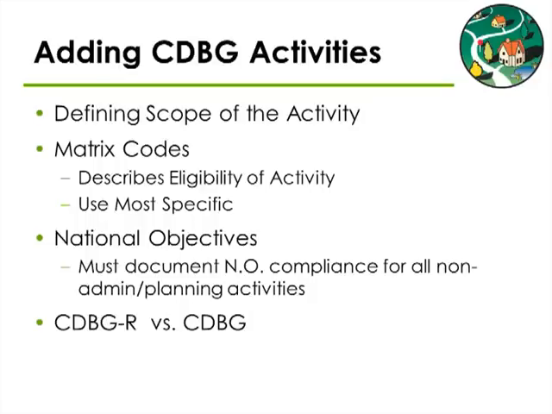Matrix codes are used to describe how the activity is an eligible use of CDBG funds. A key point is to select the most appropriate matrix code. During setup, you will also need to indicate how the activity will meet a national objective. Every use of CDBG funds other than planning and administration must meet a national objective.